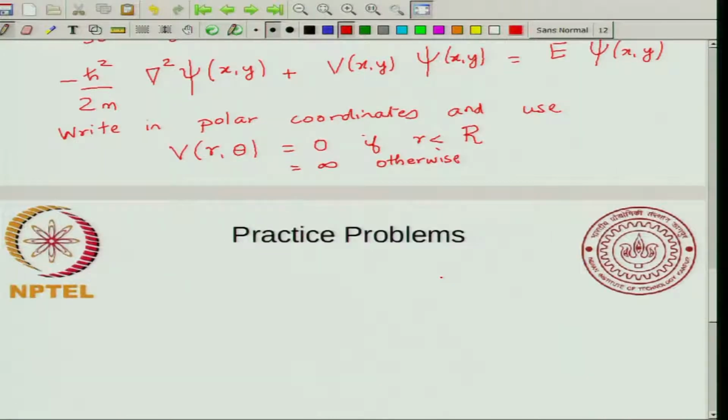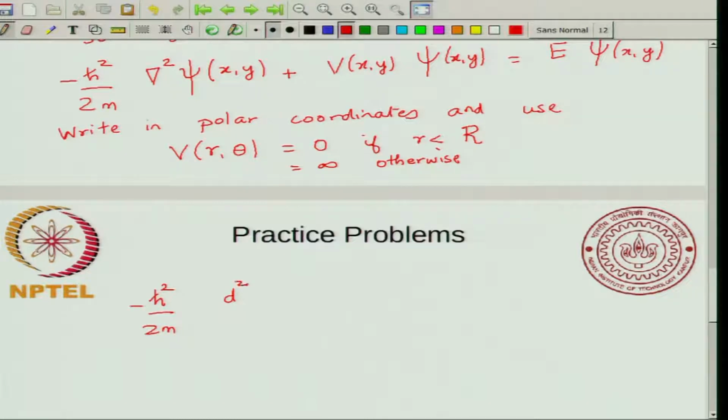Just like in the particle in a box, what you need to do is write this Laplacian in polar coordinates, and you need to set V equal to 0 inside the box. So, what you will get is minus h bar square by 2m times the Laplacian in polar coordinates, which we have already seen.